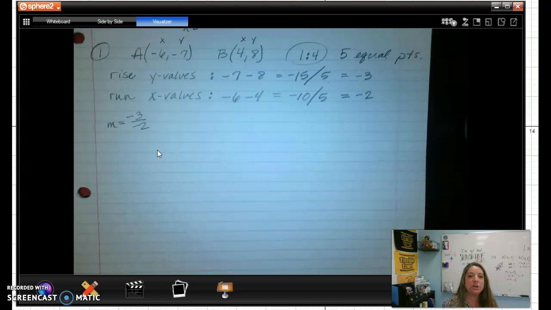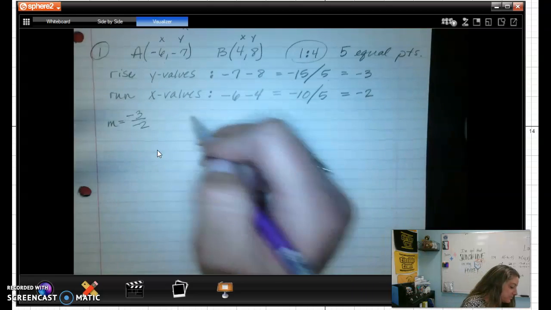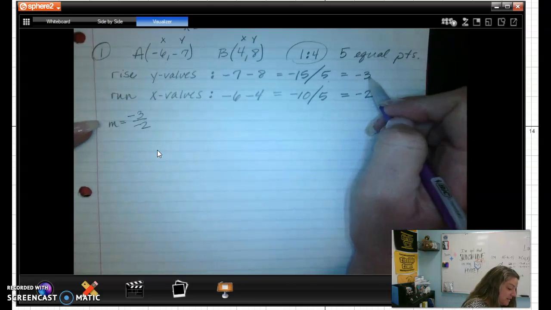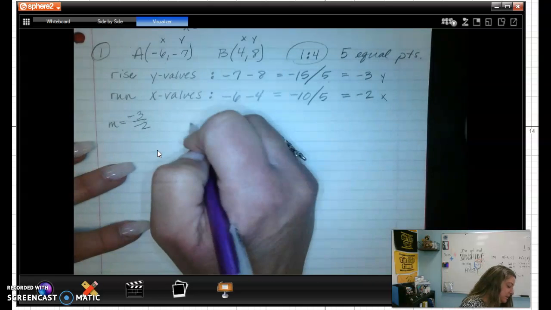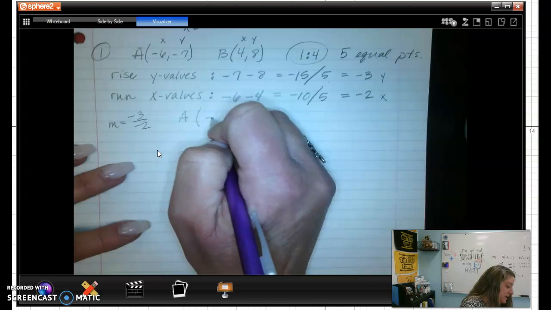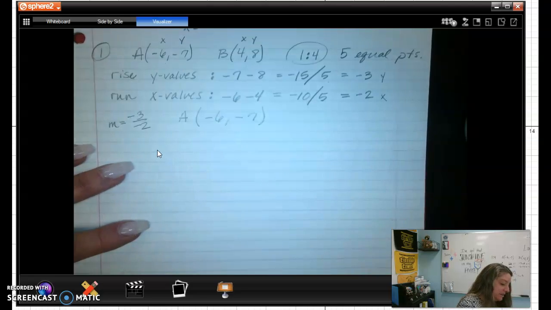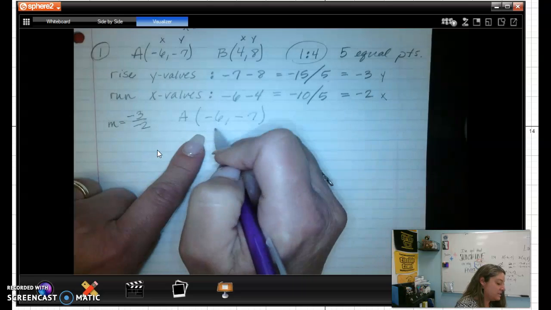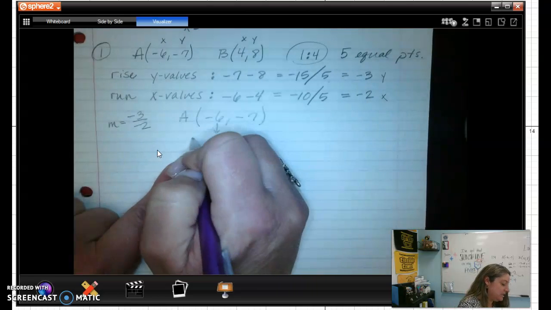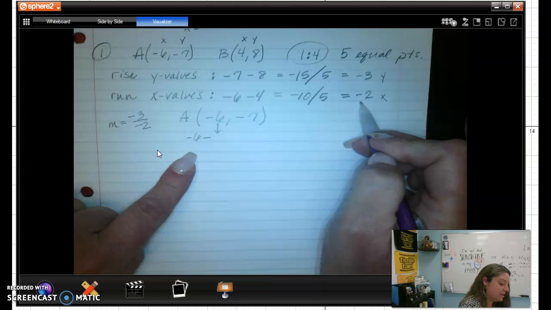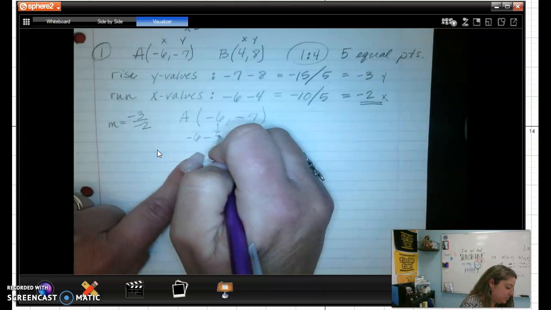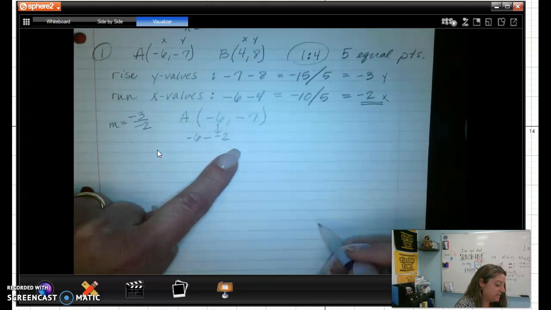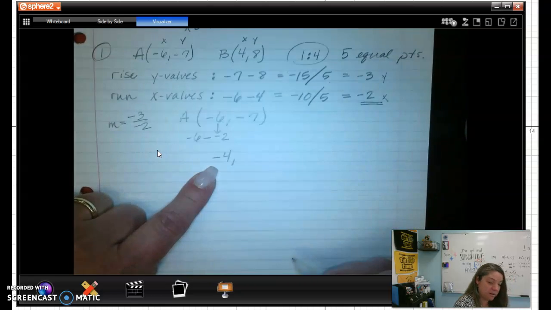Now, how do we determine, again, the coordinate point that's actually on our graph? So remember, the -3 represents your Y numbers, the -2 represents your X numbers. But here's what we're going to do. Starting at point A, which is -6, -7, we're going to take -6 and subtract our X value that we partitioned out, which is -2. -6 minus -2 is actually going to give me a -4.